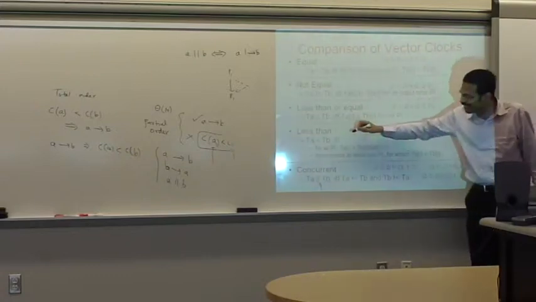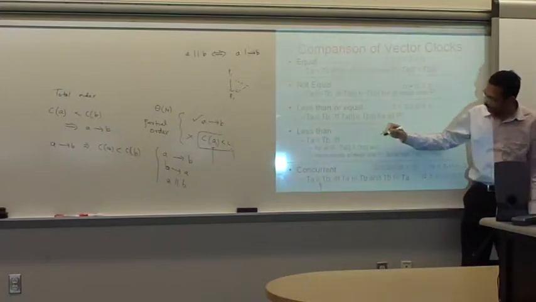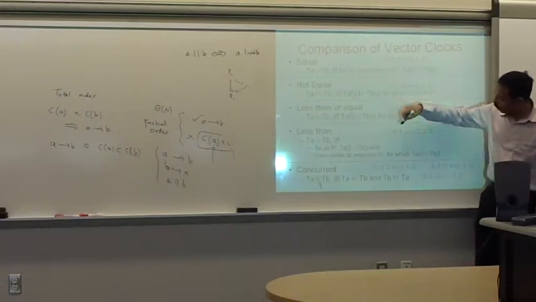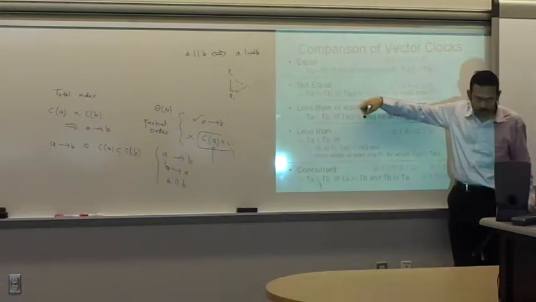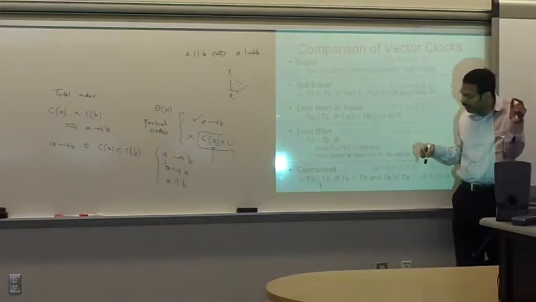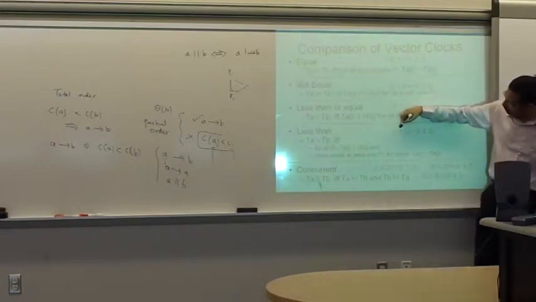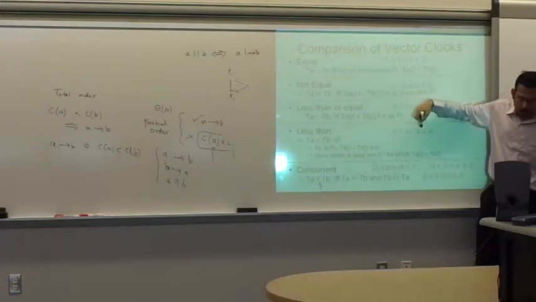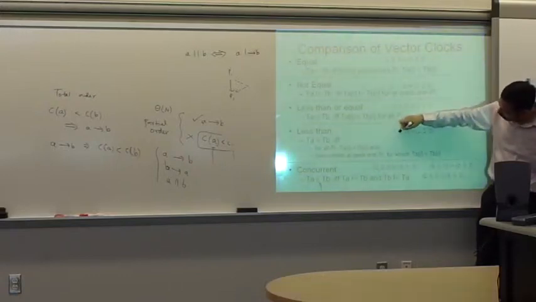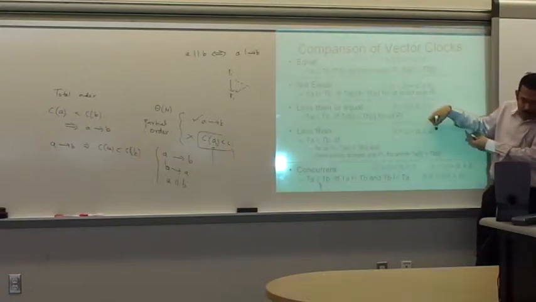What about strictly less than? Strictly less than means you still have less than or equal to, but for at least one entry you want it to be strictly less than. You see again the same two clocks: 2 is equal to 2, this 2 is equal to 2, but in one entry this 1 here is strictly less than the other one, 2.